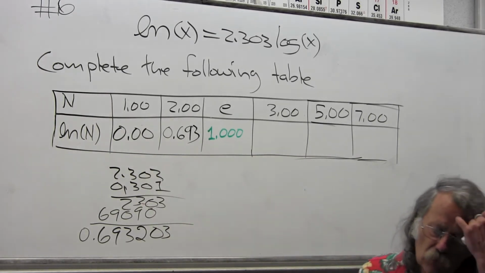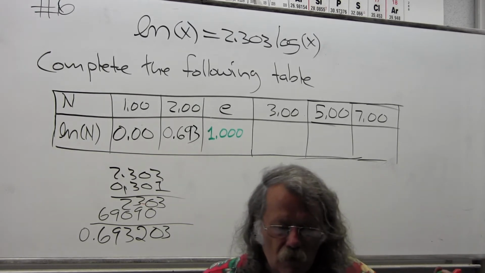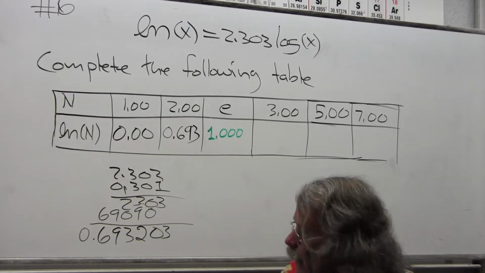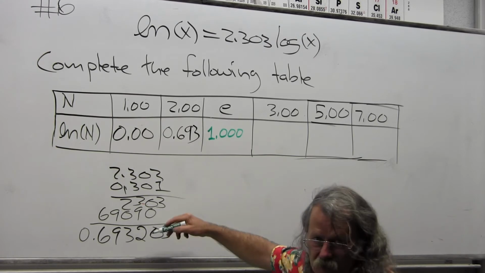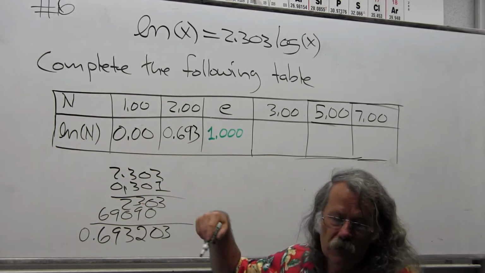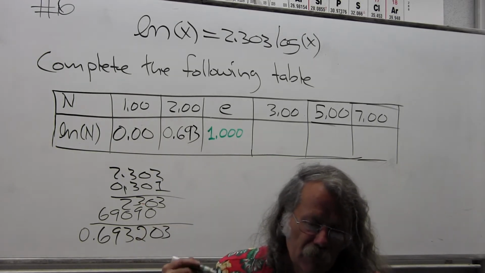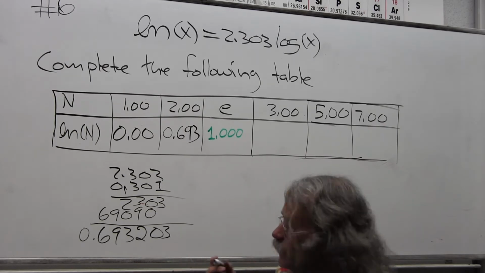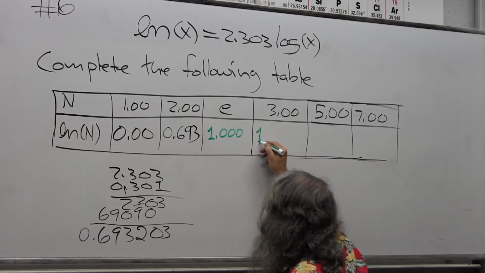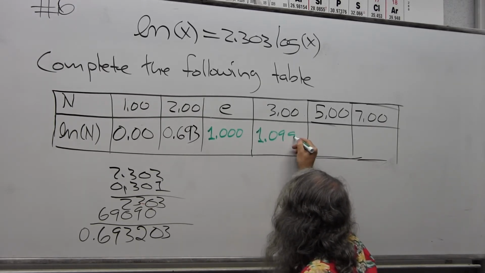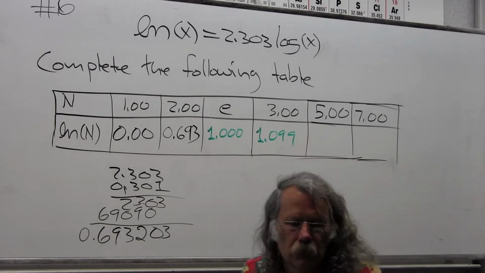Now, the natural log of, for example, 3, I'm not going to do this detail here, but you can verify for yourself that it's 1.099 by doing the multiplication.